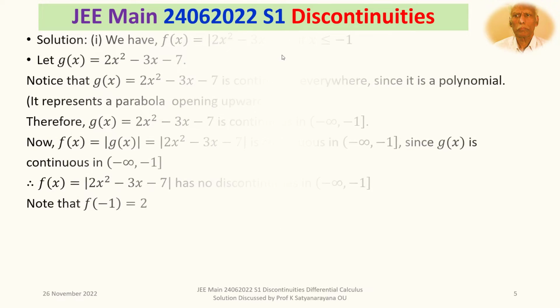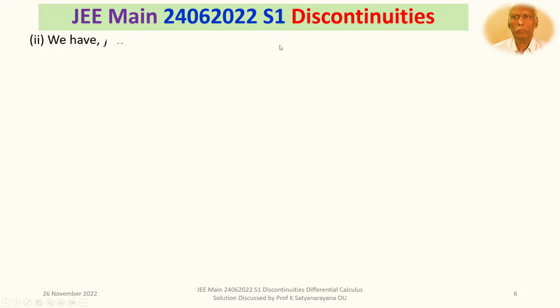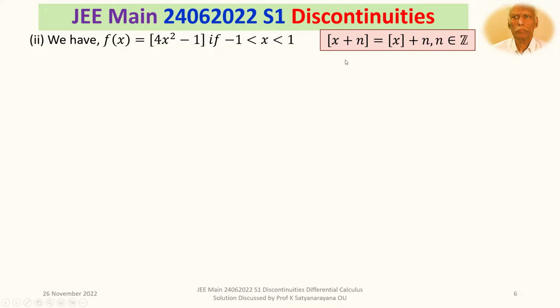Let's get into the second case, where we have f of x is equal to bracket of 4x square minus 1 if minus 1 is less than x less than 1. And we have a result on the greatest integer function: bracket of x plus n, where n is any integer, is bracket x plus n.